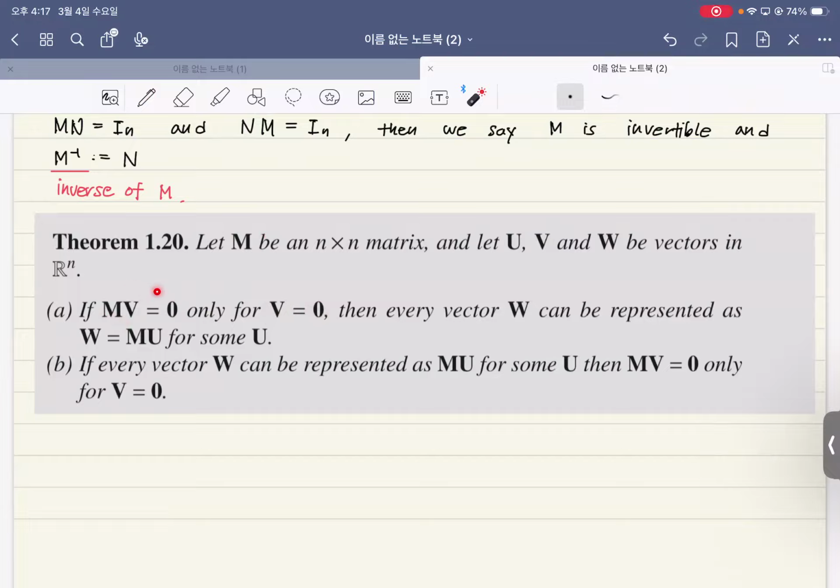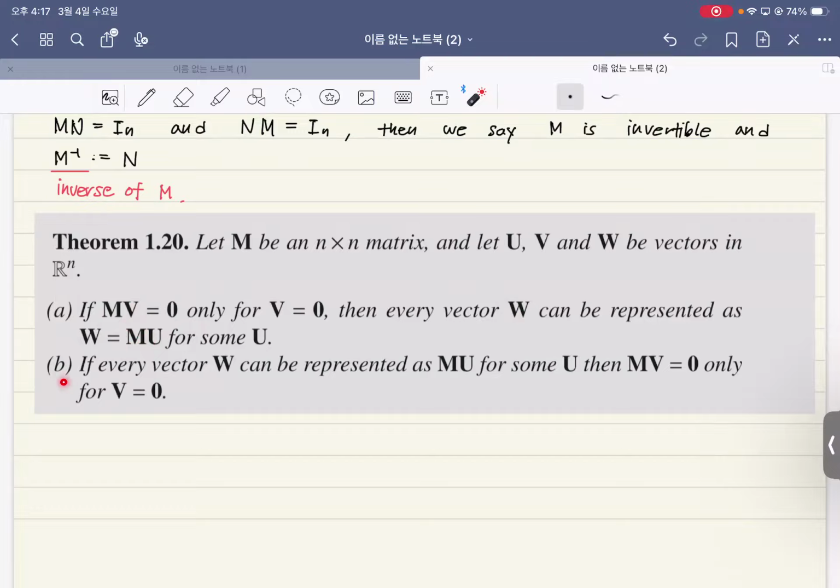So this is only possible for V the 0 vector. Okay, let us suppose this. Then every n-dimensional vector W can be written as M times some other column vector U. Writing down this column vector as the matrix times another column vector is possible.